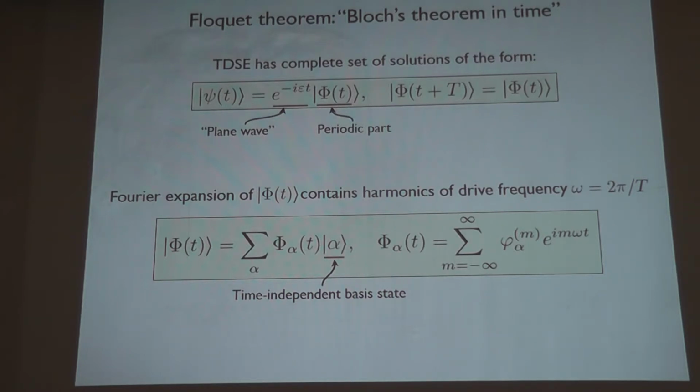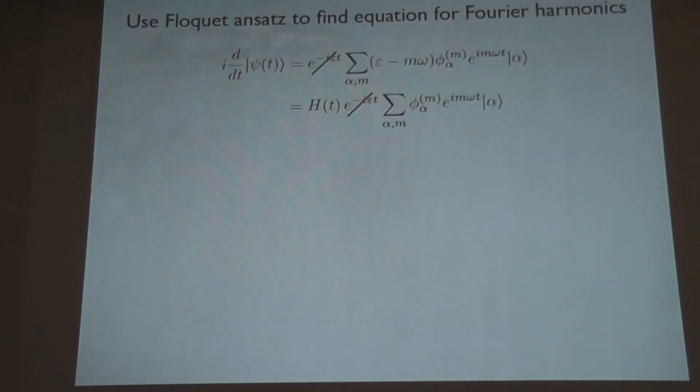And I can express it within some particular basis if I like. The good thing is now I have an ansatz for the wave function, and if I know this list of Fourier coefficients, then I'll have a complete description of my state. So that's our goal: what equation do these Fourier harmonics satisfy, so that I can solve it and find my solutions?